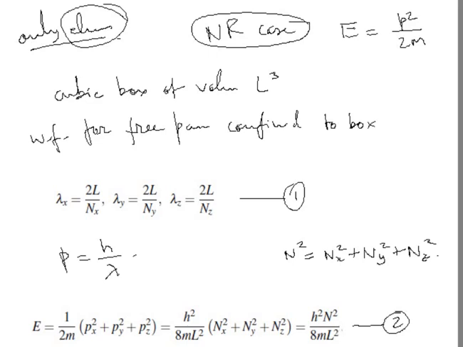If the temperature is 0 Kelvin, then all the states up to some maximum value of capital N will be filled with electrons.